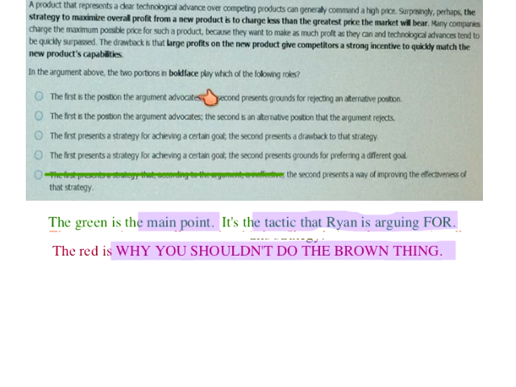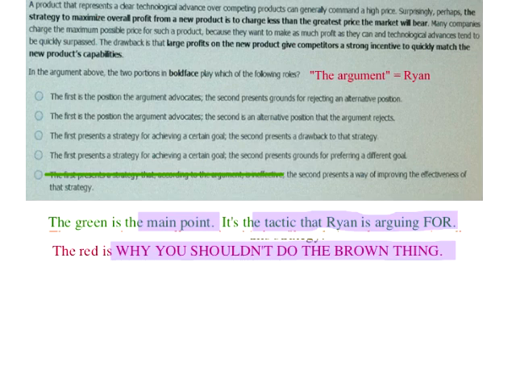So be sort of suspicious of that. I mean, the best answer here is actually what Ryan is saying that you should do, which is the position advocated in the argument. And of course, when you translate these choices, remember that the argument is Ryan.